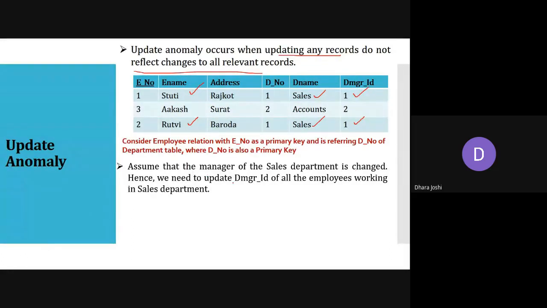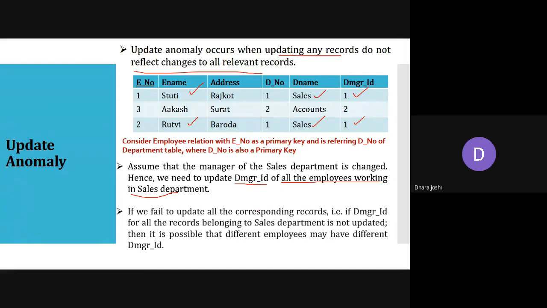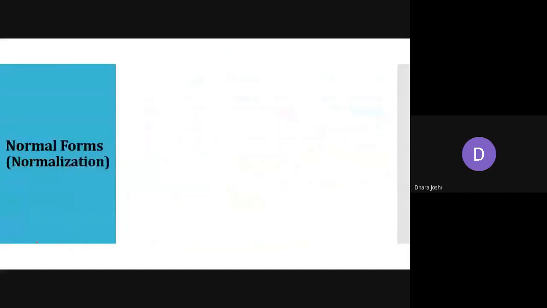Hence, we need to update the manager's ID of all the employees who are working in the sales department. Here in our example there are two persons, Stuti and Rutvi. If we fail to update all the corresponding records, that means if the manager ID for all the records belonging to the sales department is not updated, then it is possible that different employees may have different managers, even if they are working in the same department. So this is called update anomaly.